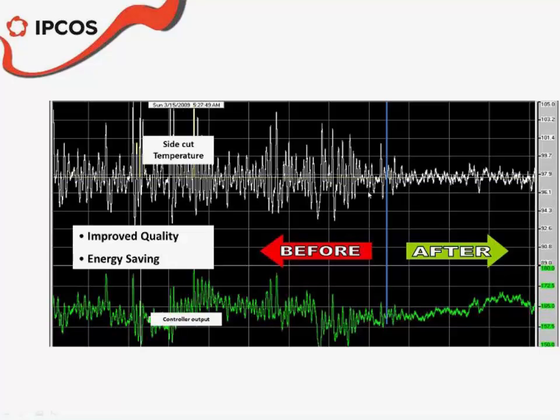Before, we were seeing changes of plus or minus 4 degrees. This is a high purity column, and the impurities are very sensitive to this temperature. After that, we managed to really reduce those variations on the side cut temperature, meaning that we were able to much better control the side cut composition and avoid buildup of impurities in the column.